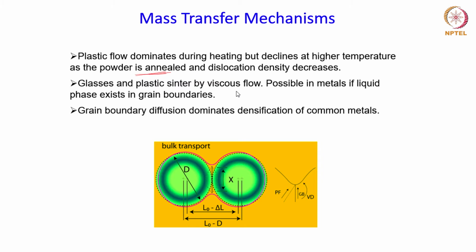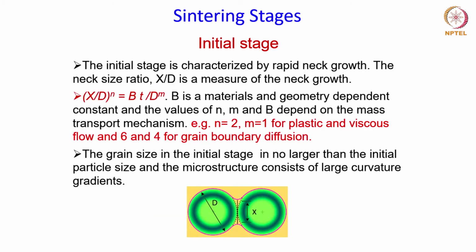Okay, and grain boundary diffusion dominates densification of most of the common metals because, as we have seen before also, the diffusion coefficient for grain boundary diffusion is much higher compared to lattice diffusion, and that is why the mass flow rate along the grain boundary is much higher compared to that in the lattice, and therefore the grain boundary diffusion becomes dominant for densification of most of the common metals.